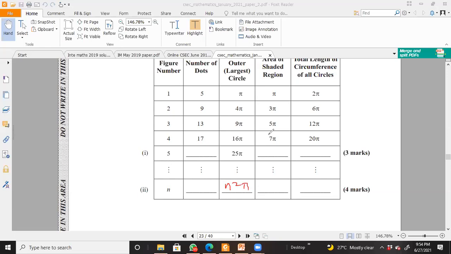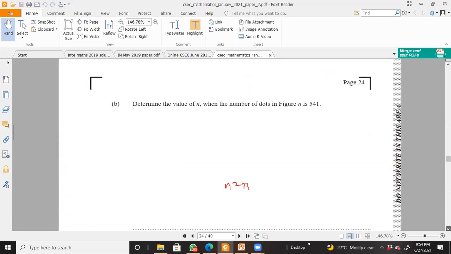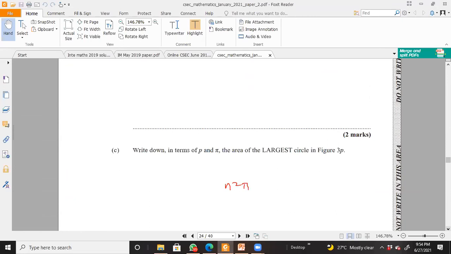Pi. Okay. So we are going back to the question. Now, wherever we have n, listen carefully, everybody. This is very simple, straightforward. Wherever we have n, we are going to present by what? They say the figure 3p. We don't know what the figure is, but we know that the figure is always presented by n.